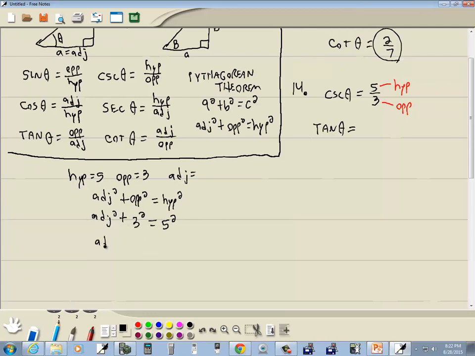So we got adjacent squared plus 9 is equal to 25. I want to get the adjacent squared by itself, so I take the 9 over. It becomes 25 minus 9. So we got adjacent squared is equal to 16. Now we'll drop our squared, and we'll put a square root around the other side.